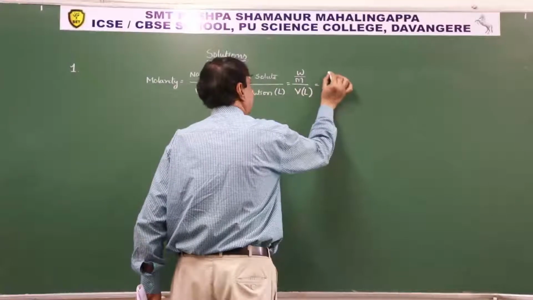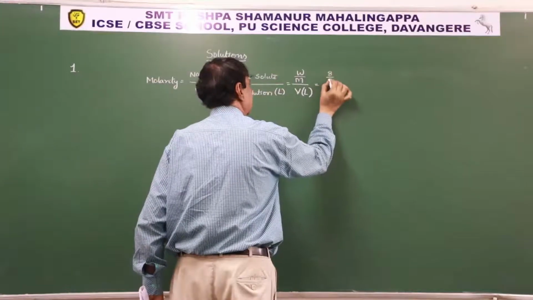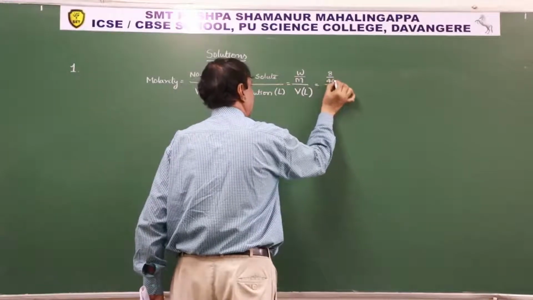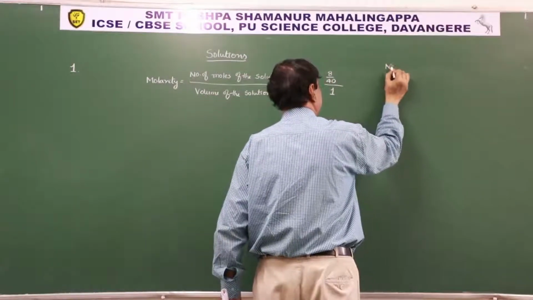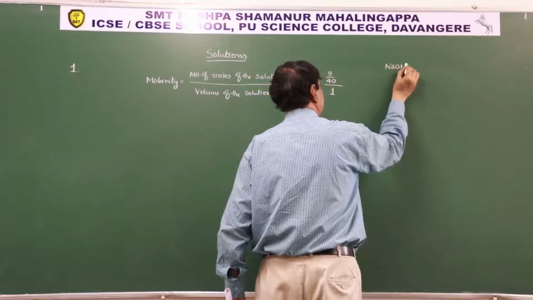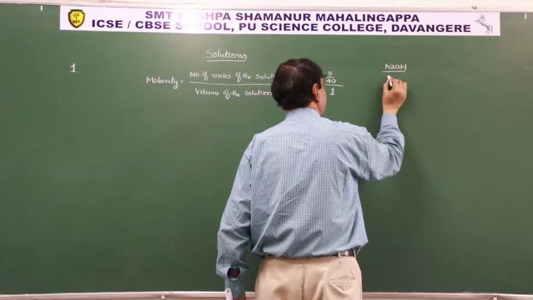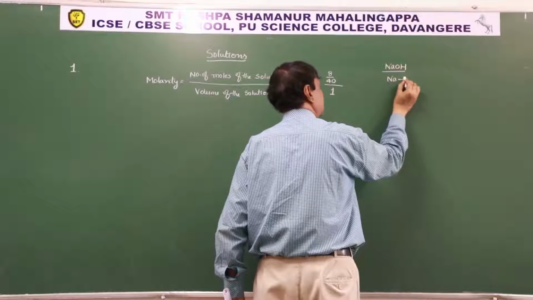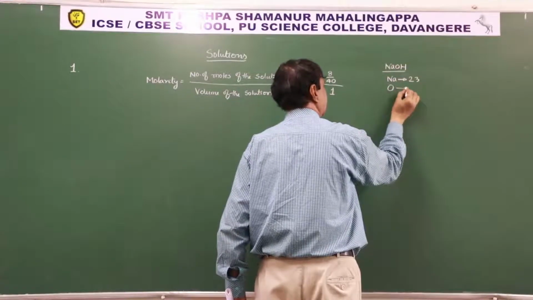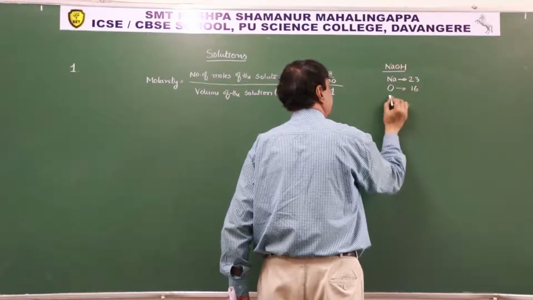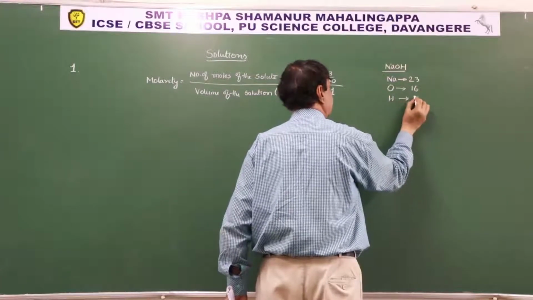Now, 8 gram of sodium hydroxide with molecular mass 40. How do you calculate the molecular mass of sodium hydroxide? The formula is NaOH, whereas the atomic mass of sodium is 23, atomic mass of oxygen is 16 and atomic mass of hydrogen is 1.